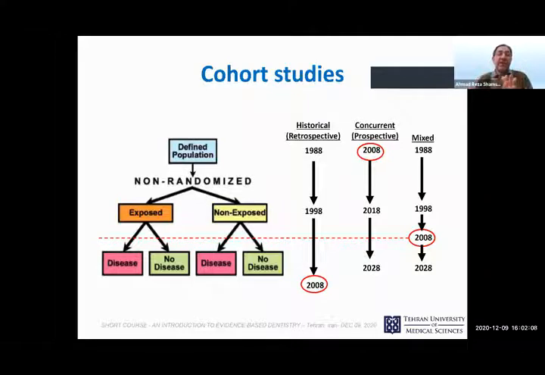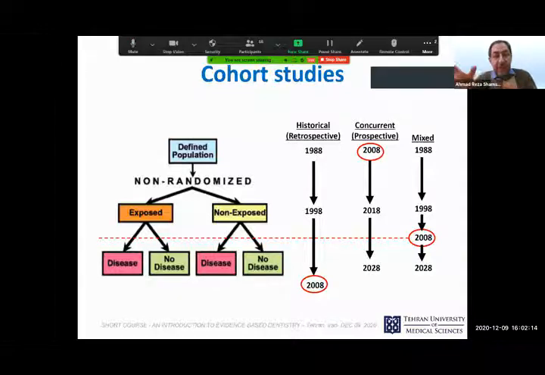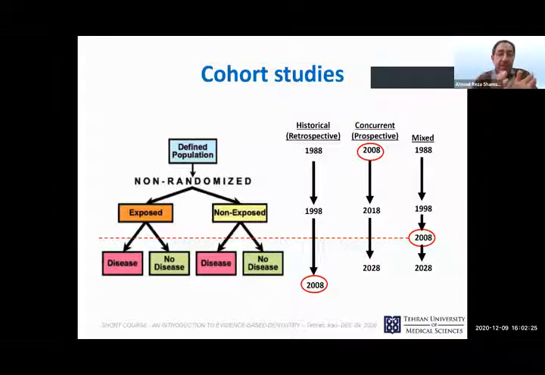So the exposure is recorded previously by others, and the researcher investigates the outcome himself or herself. So the data or evidence provided by mixed cohort studies is something between historical cohort studies and concurrent cohort studies.